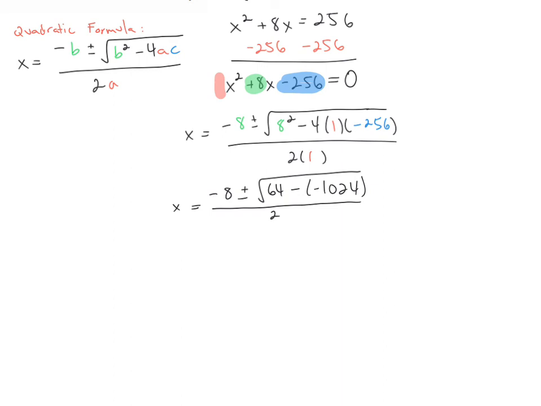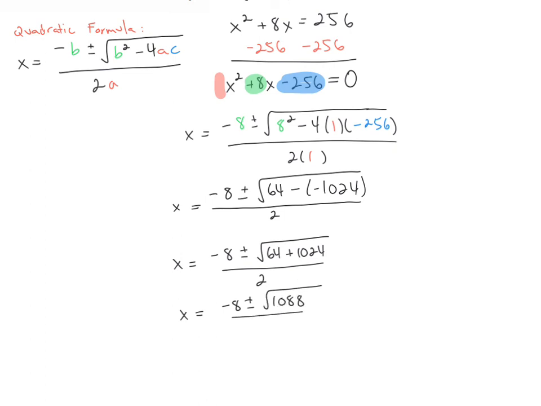Finishing up inside the square root, we get that x is equal to negative 8 plus or minus the square root of 64 plus 1024. All of this gets divided by 2 still. This becomes negative 8 plus or minus the square root of 1088, all divided by 2.